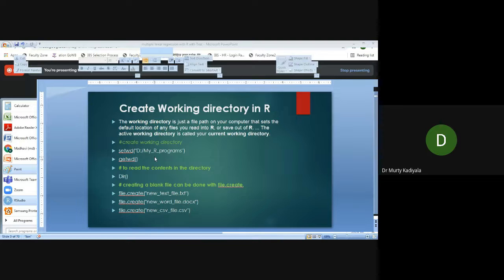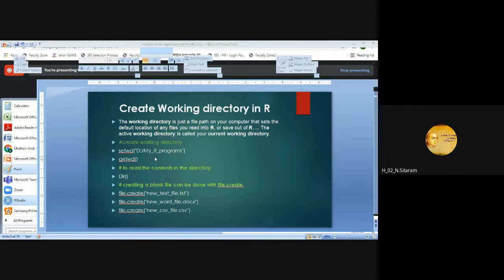Create that folder in D drive, and then you have to set it. Otherwise, you cannot do that.